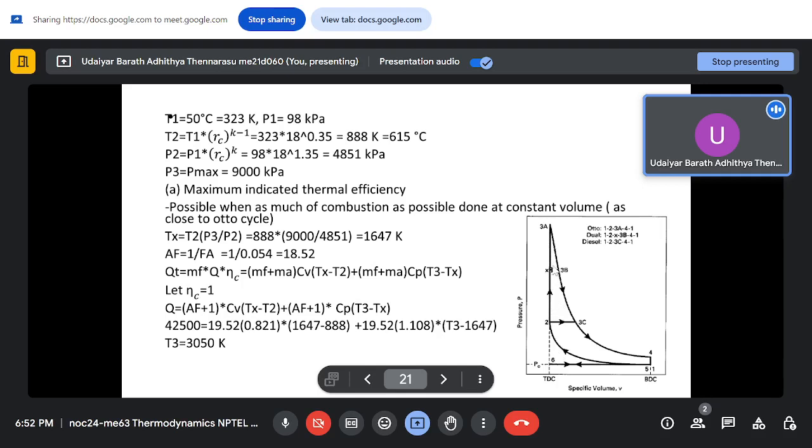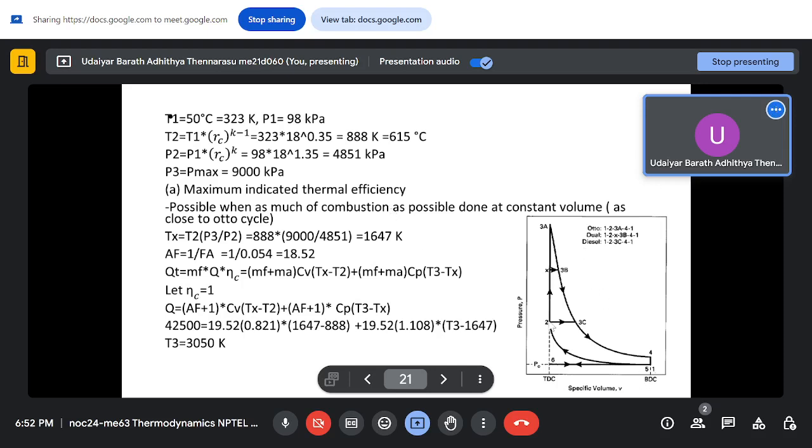Or you can run a dual cycle such that it goes up to 9000 kilopascal, and then you do heat addition at constant pressure. Or you can use a diesel cycle where at 4851 you start adding all the heat. For maximum thermal efficiency you have to go to an Otto cycle.